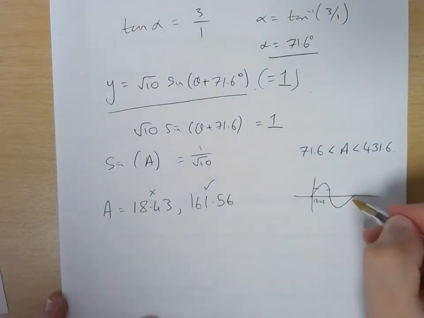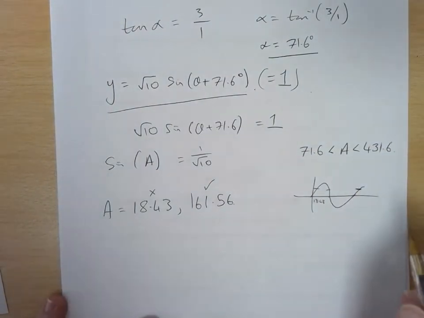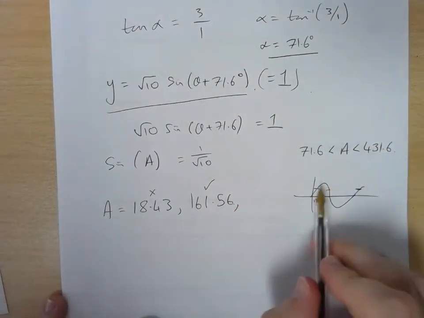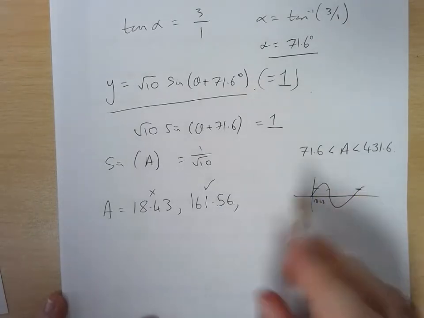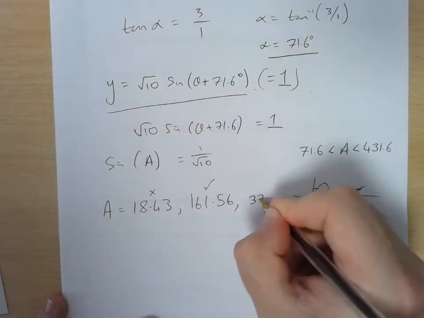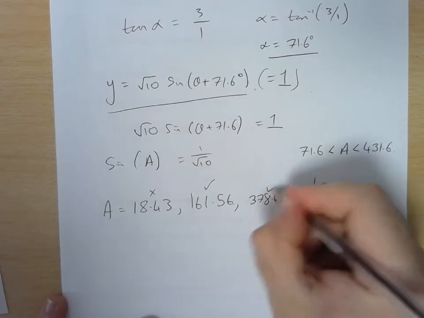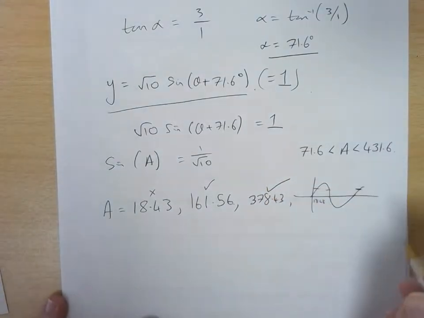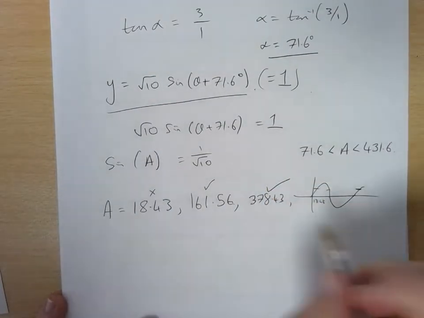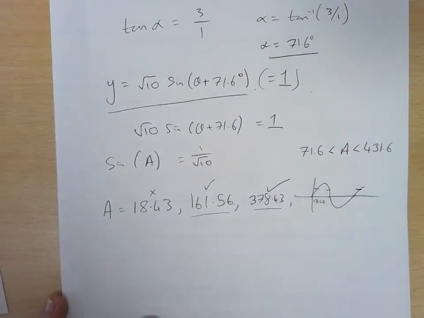We should be able to notice now that this one is not in our range, and this one is. So we're going to need to find this next one over here, because this one is probably going to be in our range. So this is this one here, add on 360, which gives us 378.43, which is in the range. The next one isn't going to be. So we've got these 2 answers that work. All we need to do now is find theta.